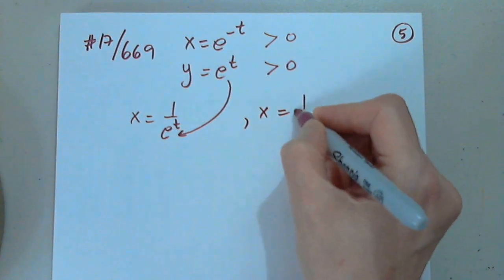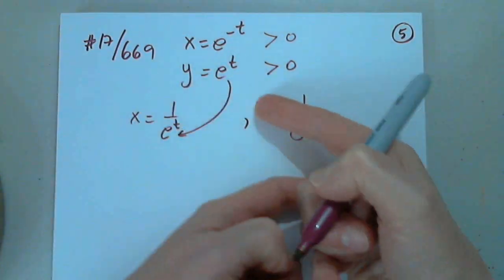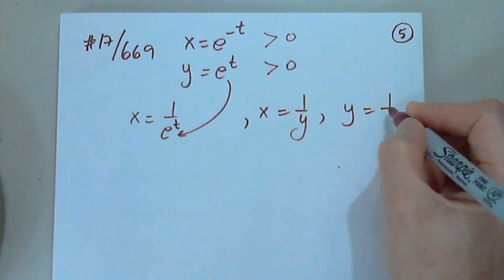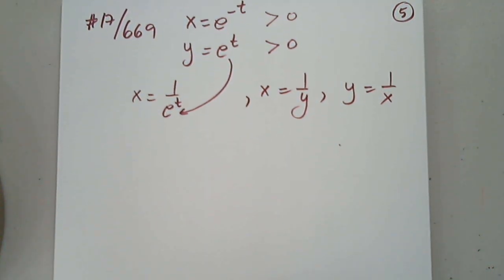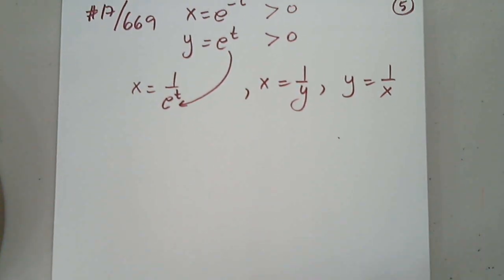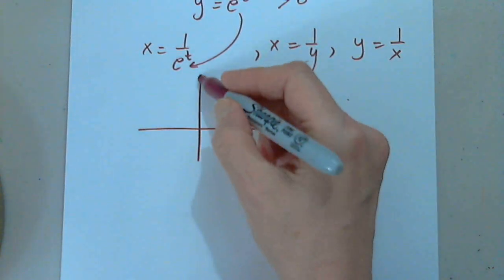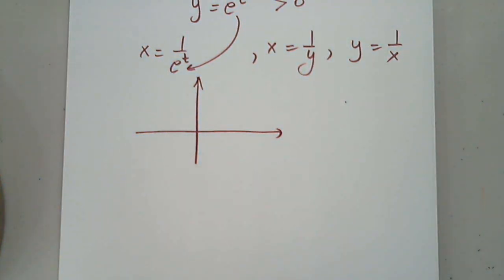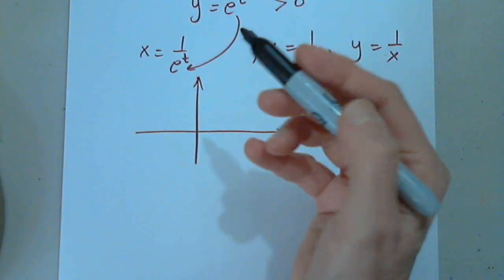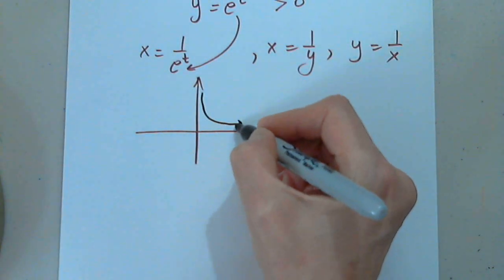So this is x equals 1 over y, or if you interchange those, y equals 1 over x. Good. Notice x and y have to be positive. So the graph of 1 over x, when x and y are positive, is just this.